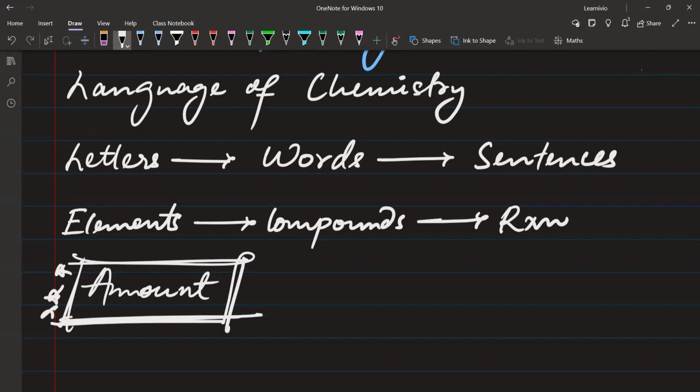Another very important thing that we are going to learn in this chapter regarding the language of chemistry is translations. If you learn any new language, you should be able to translate it to the language you already know. For example, let's suppose English, and you want to speak Arabic. You should be able to translate from English to Arabic and Arabic to English.